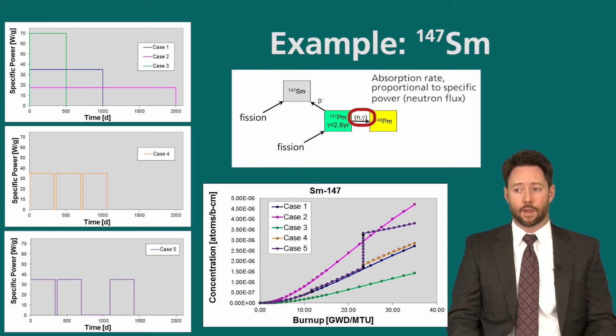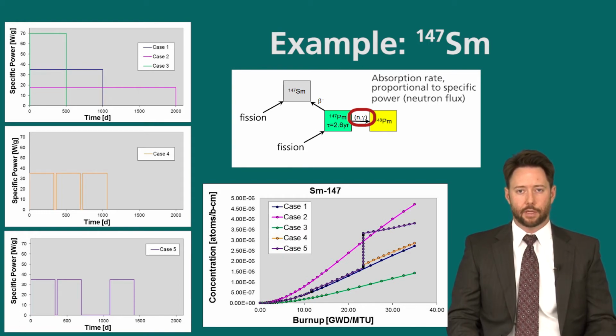power case. So if we look at our figure here, we see case 1 is kind of right in the middle, this dark blue curve, and that'll be our baseline. But then in case 2, there's a much lower specific power, so you wind up with a much higher production. You see the case 2 curve, the pink one, is much higher than case 1.